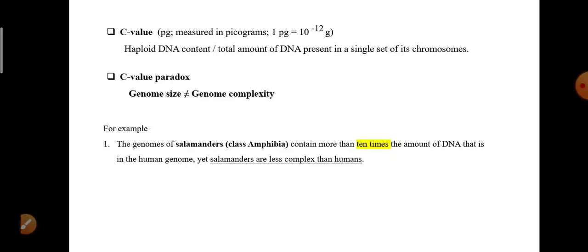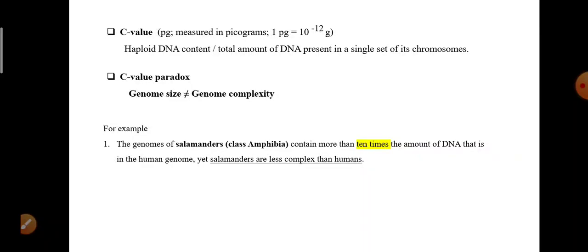Now, let's see what the C value paradox is. In general, you might think that the organism which has the larger C value or greater genome size must contain greater genome complexity, but it is not the case. Genome size does not imply genome complexity.